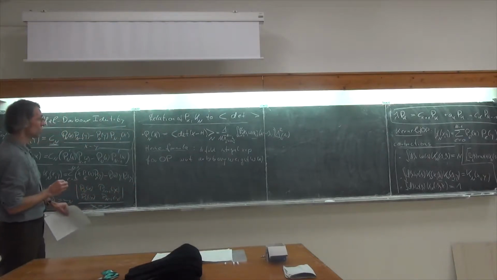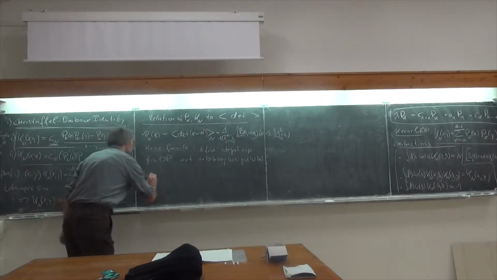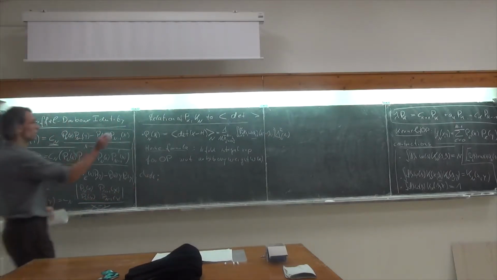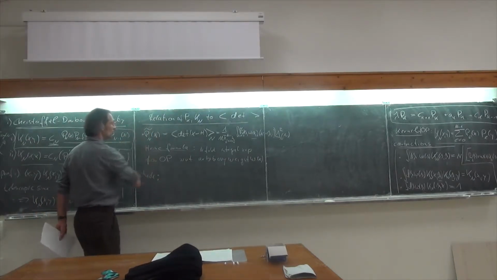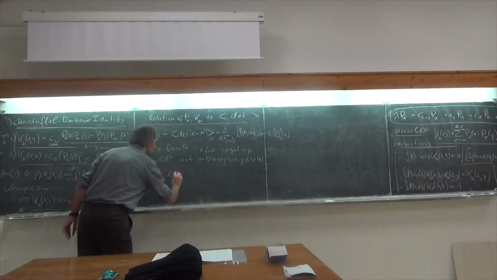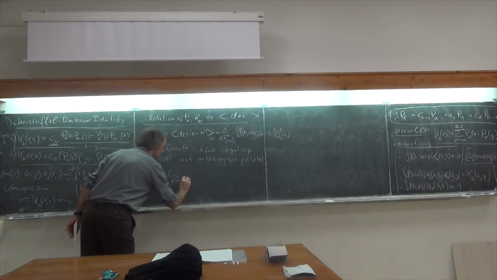Now let's do a first check. I'm sorry, this should be a monic polynomial. Otherwise, our check would fail immediately because the check is the limit of x going to be very large.